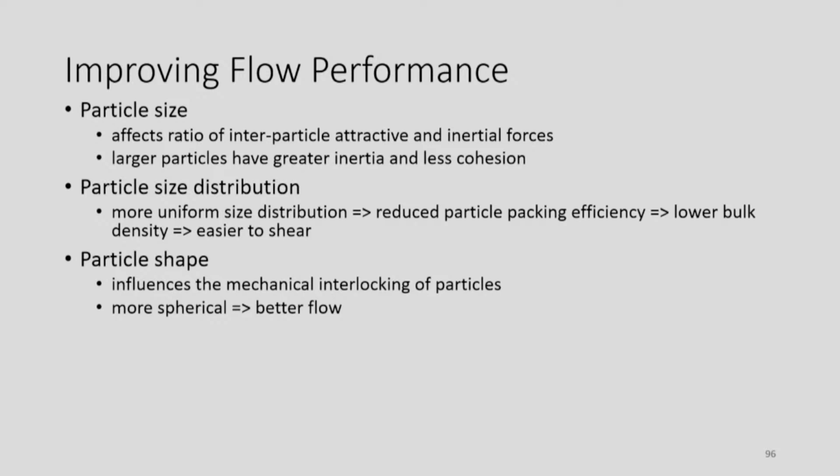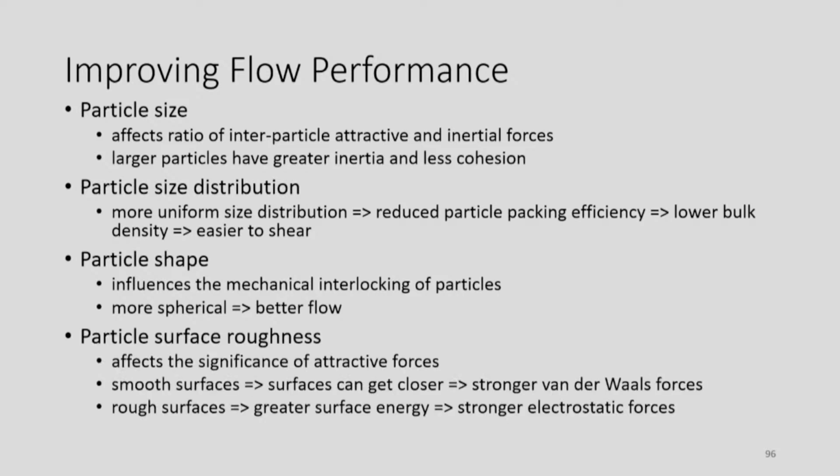But if it's irregular, there will be more interlocking between the particles. Surface roughness too: if the surfaces are smooth, there will be stronger van der Waals interaction. But if the surface is rough, there will be more electrostatic forces or static charge buildup between those particles. Either way, if the particles are small, you will have to deal with one force or the other.